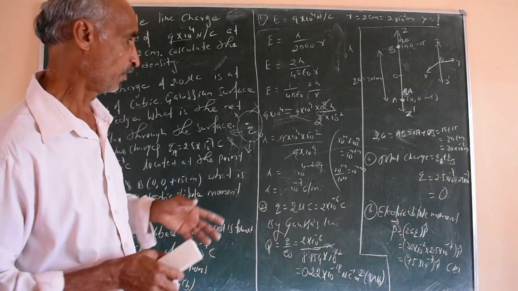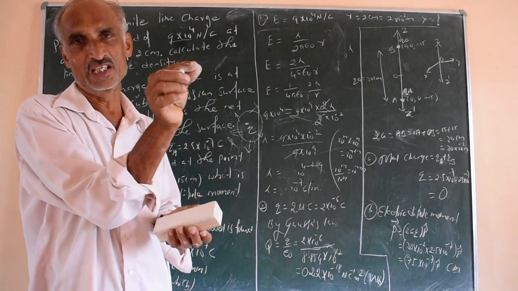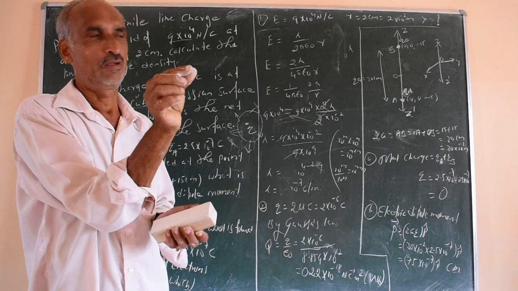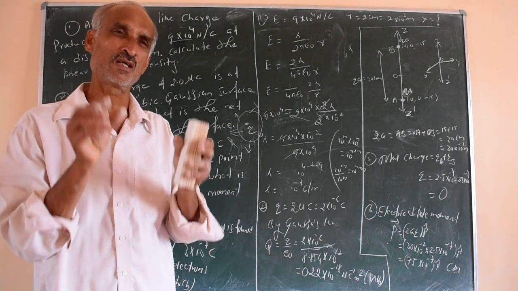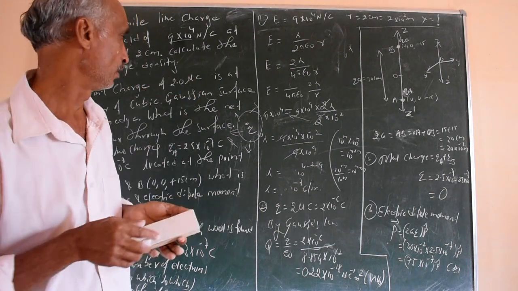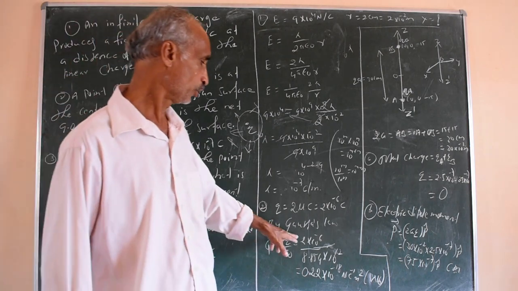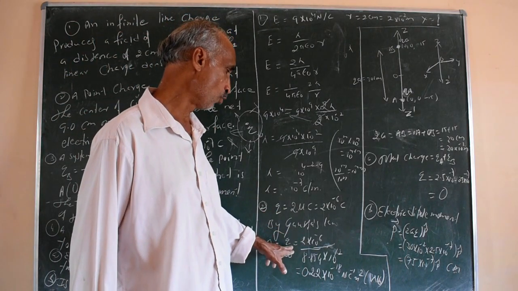The charge is placed inside the closed surface, so it may be a box, a cubic surface, or a spherical surface. The flux, meaning field lines passing through that surface, is given by one formula, Gauss's law, Q upon epsilon naught.